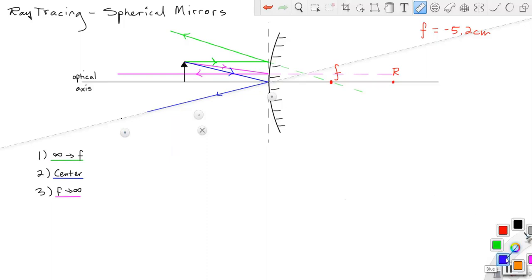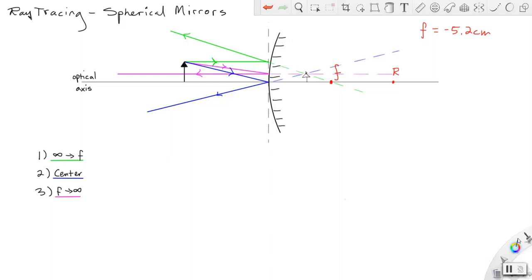And that one traces back like so. Notice that these all meet at a single point, roughly. It's right there. So this is actually going to be the location of the image. We can double check that using our mathematics if we want to.